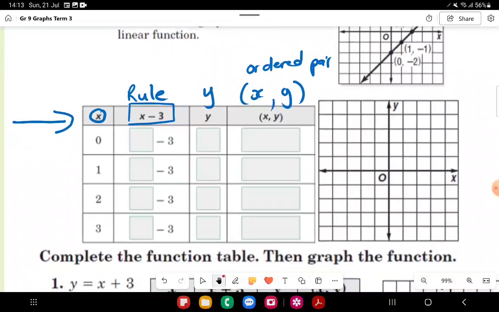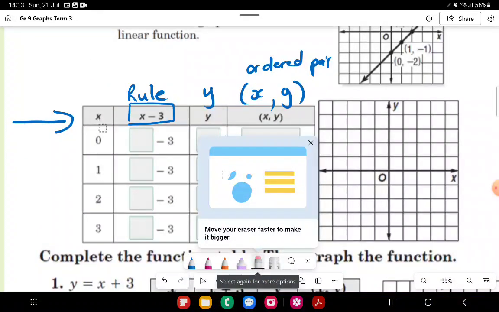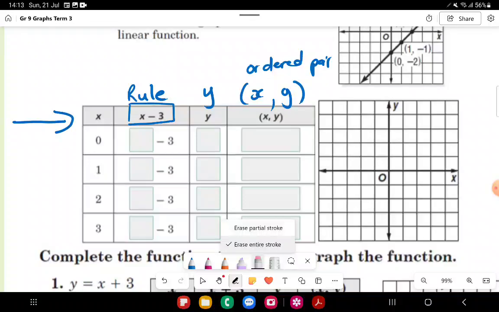So the first thing you need to know is what to put in this column. Now, in this example, they're giving us numbers. So let's just start with that. Let's say our x values are going to be orange. So all of these are in orange.